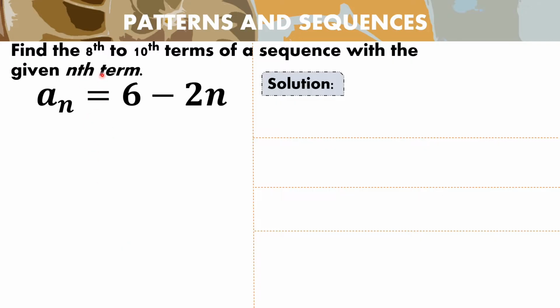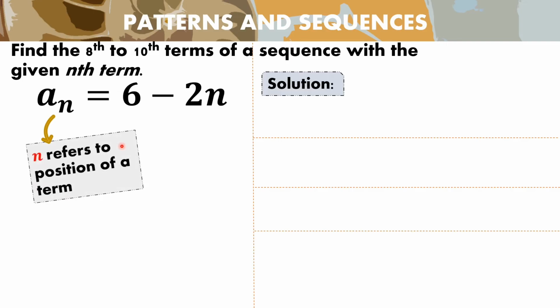Find the 8th to 10th terms of a sequence with the given nth term. We know that n is the position of a term, and we need to look for a sub 8, a sub 9, a sub 10.